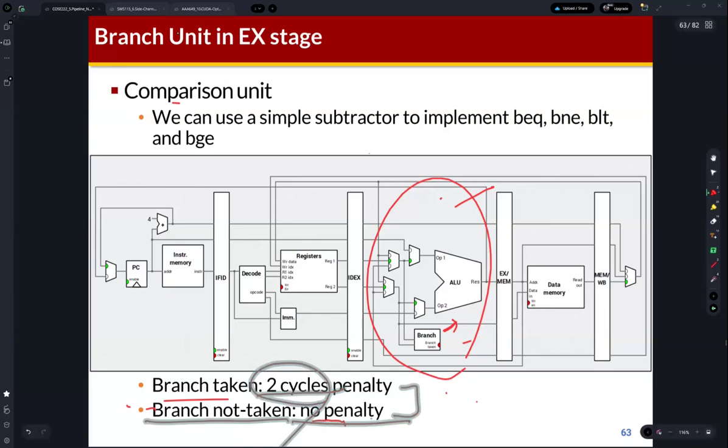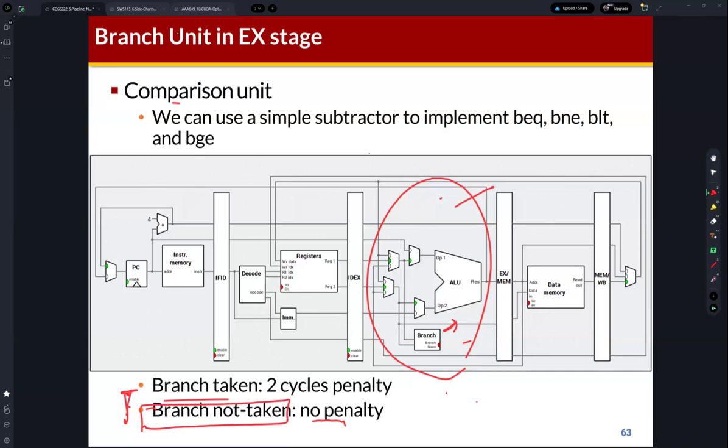And also this is a kind of branch prediction, which means that we just predict that the branch is not taken, right? Because we just fetch the next instruction using the not-taken branch, which means we fetch the next instruction using PC plus 4.